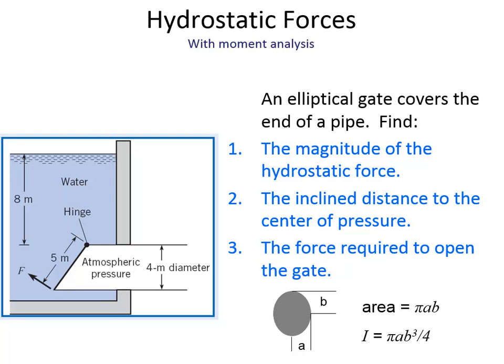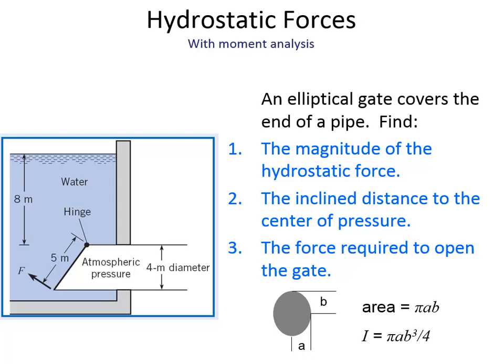So we'll put that into the formula for the hydrostatic force, 15.708 meters squared. Okay, that makes the magnitude of the force equal to 1.541 meganewtons. Capital M means mega. So that's 1.541 times 10 to the 6th newtons.